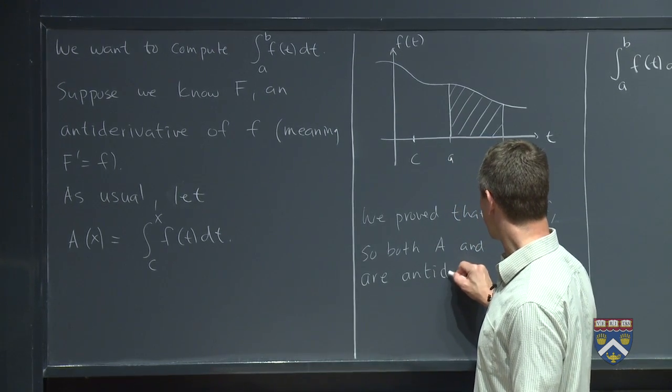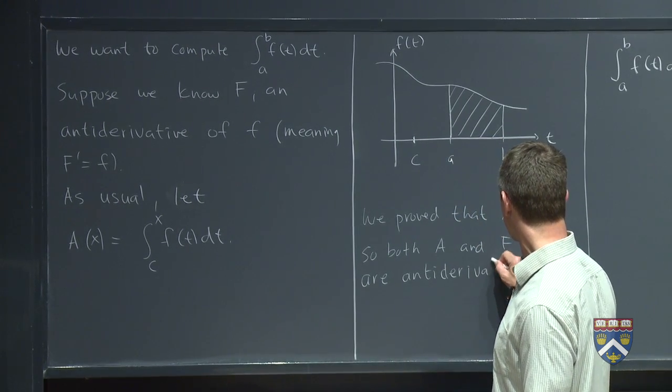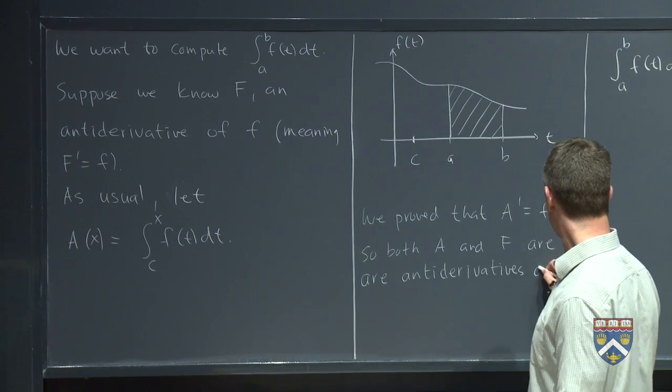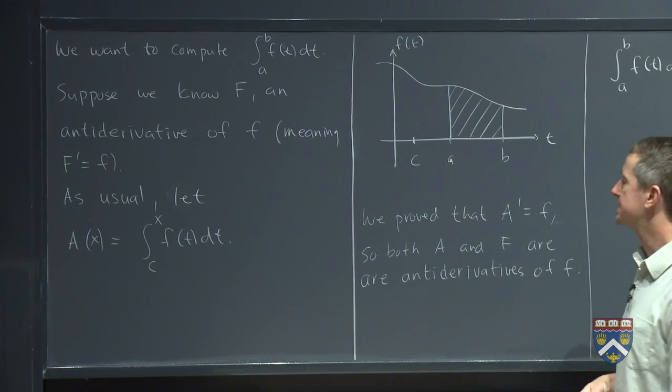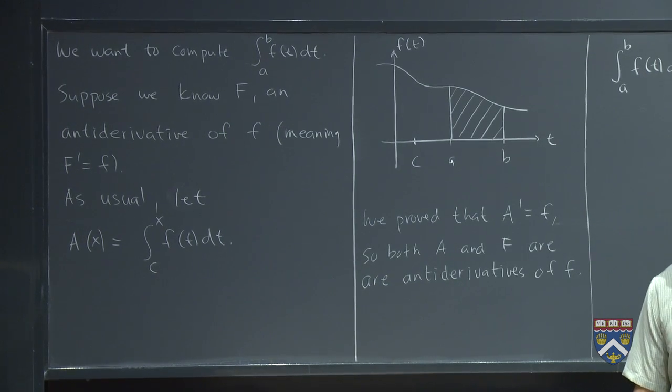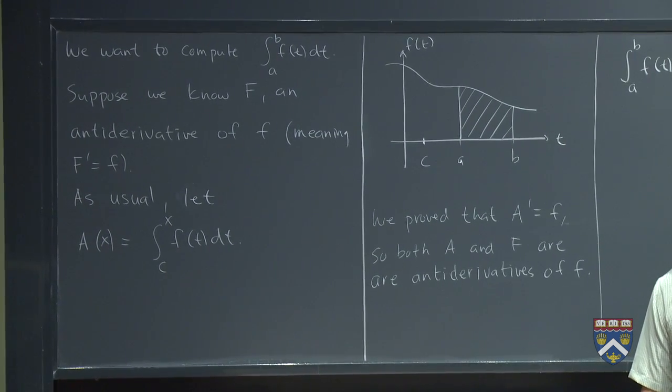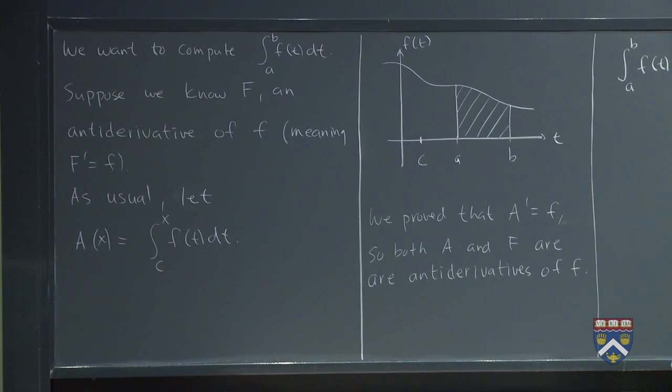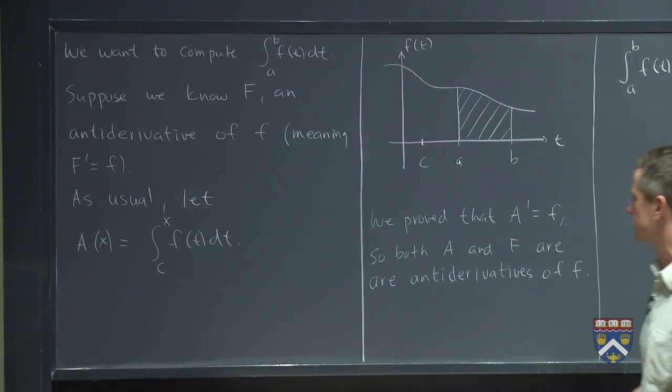So how different could those two functions be? What did we say about that? If they're two antiderivatives of the same function, all that can happen is that one is a vertical shift of the other. So they must differ only by a constant.